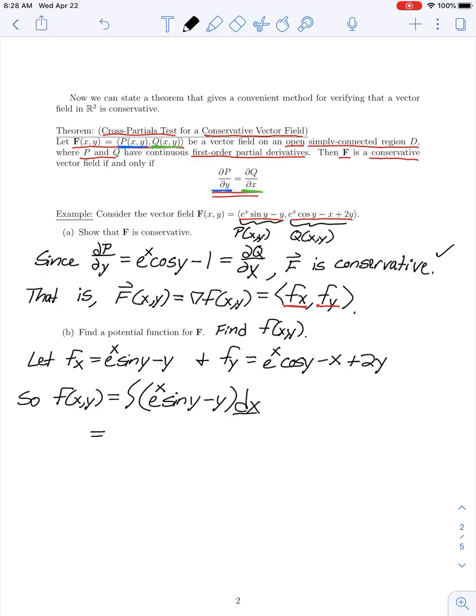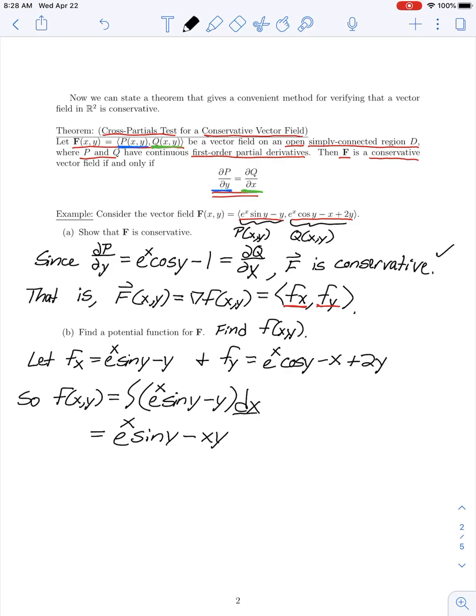With respect to x, we're treating y as a constant. So here the antiderivative of e to the x sine y, well, the antiderivative of e to the x is e to the x, and we're multiplying by a constant sine of y, minus y is a constant, so the antiderivative with respect to x is that constant times x, that is xy.